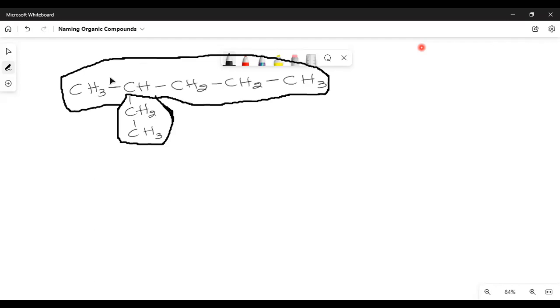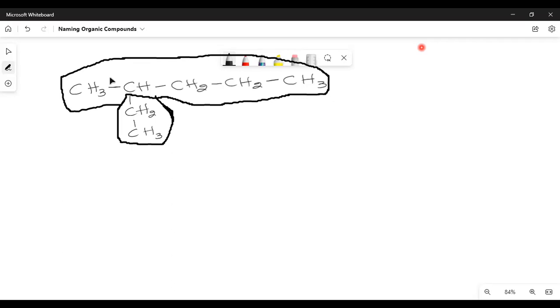So what if I tell you your bifurcation for parent chain and branch is not correct? Your parent chain actually consists of 5 carbon atoms and your branch consists of 2 carbon atoms.